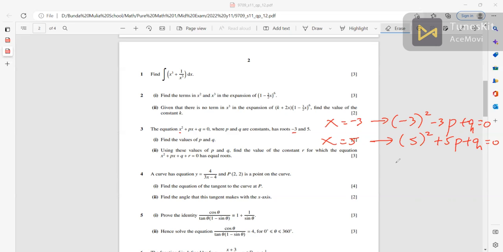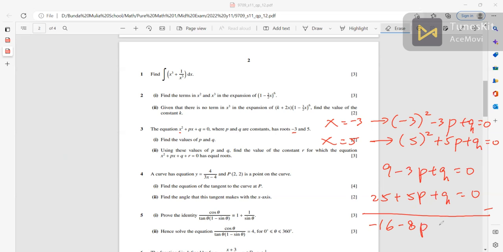From here we shall do simultaneous equations. We have 9 minus 3p plus q equals 0, and 25 plus 5p plus q equals 0. We subtract, using elimination. So this is minus 16 minus 8p equals 0, so 8p equals minus 16, p equals minus 2.